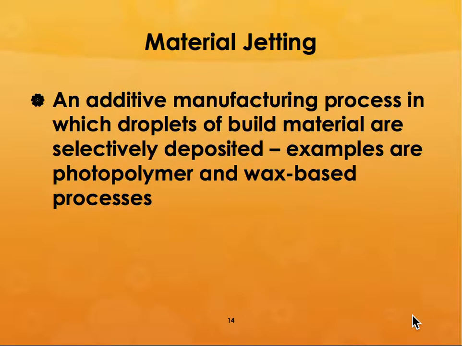The next one is the material jetting process. It is a process in which droplets of build material are selectively deposited. The examples are photopolymer and wax-based processes. There is some overlap between stereolithography and material jetting, but of course the resin systems used in material jetting are much less dangerous compared to the stereolithography resins.